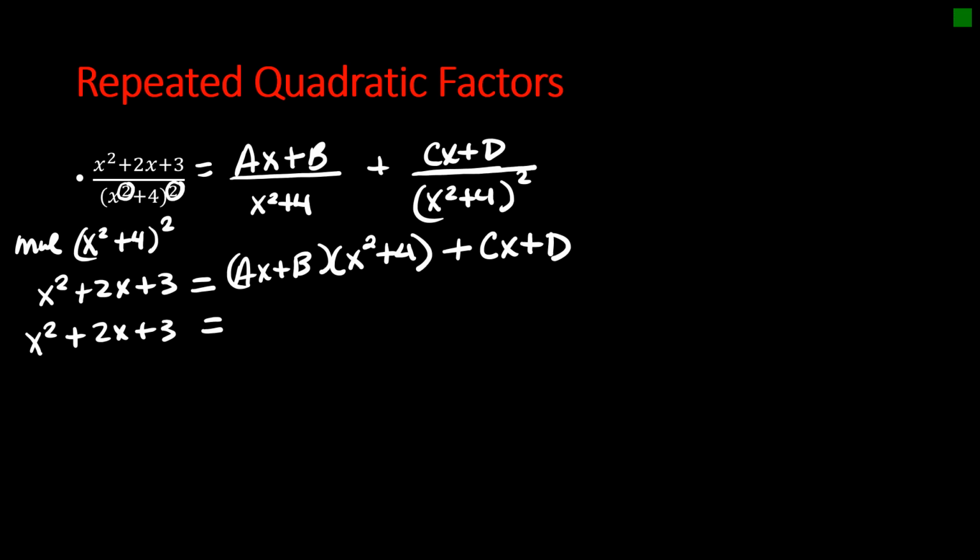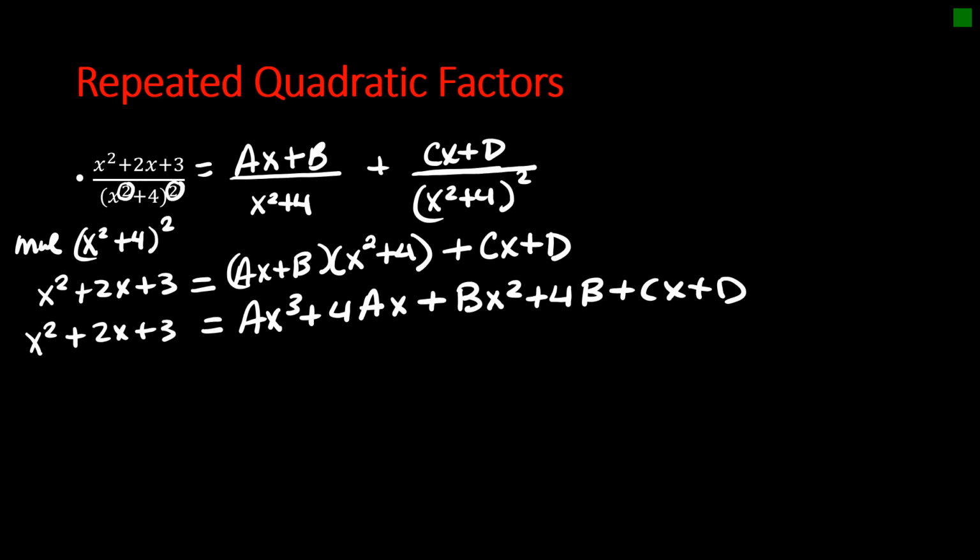Multiply everything out and put it in descending order. If we use FOIL, we have Ax cubed plus 4Ax plus Bx squared plus 4B plus Cx plus D.